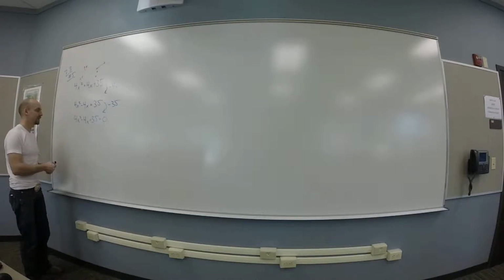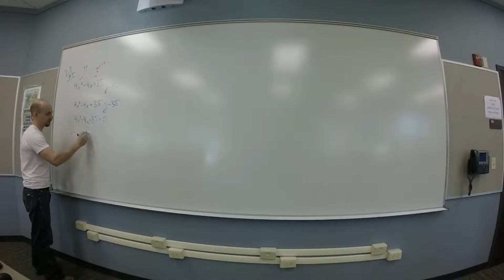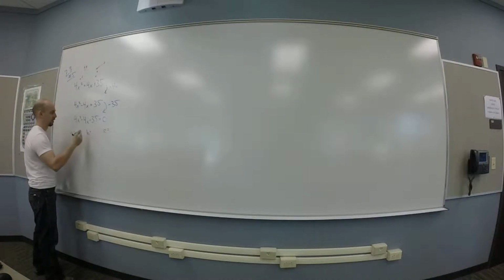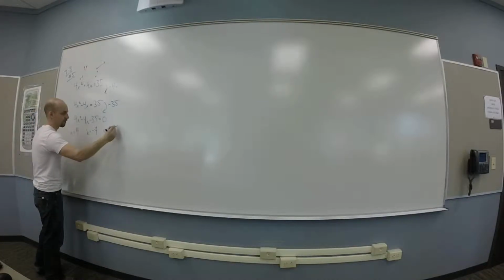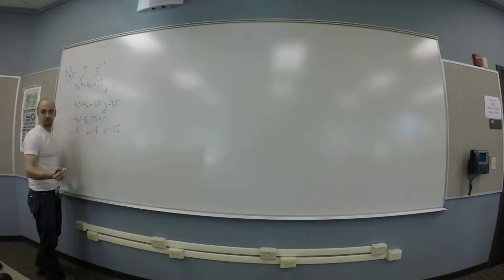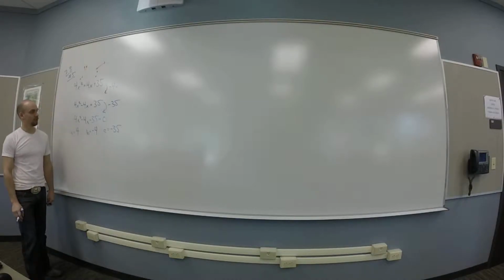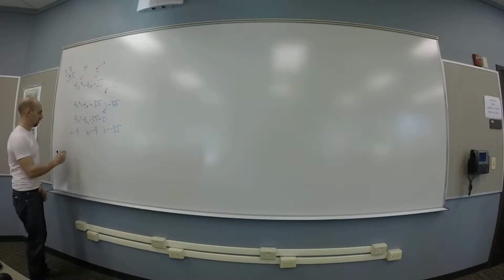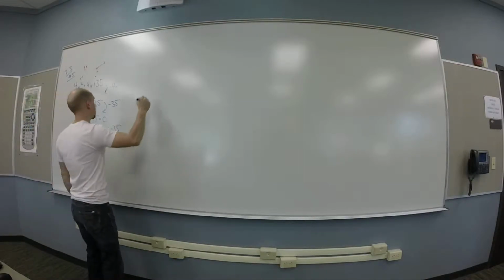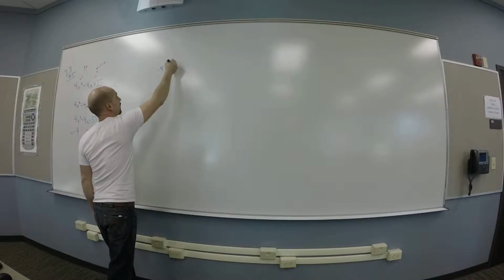So what are our A, B, and C? Four, negative 4, and negative 35? Yeah? Okay, cool. Now what? Write out the equation and fill in blanks. I like Story's idea, so let's do that.